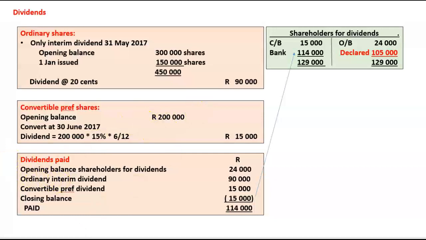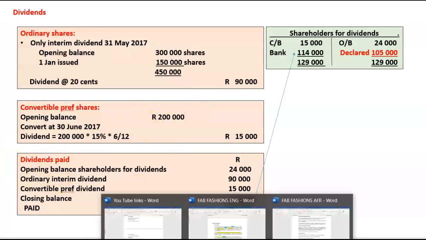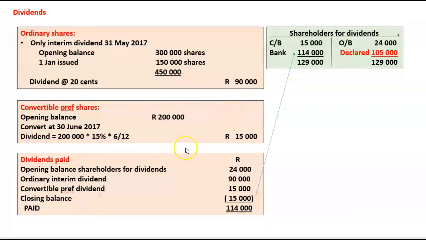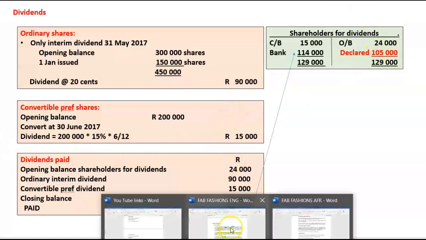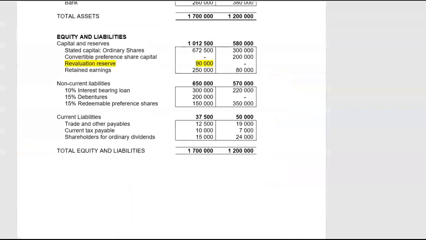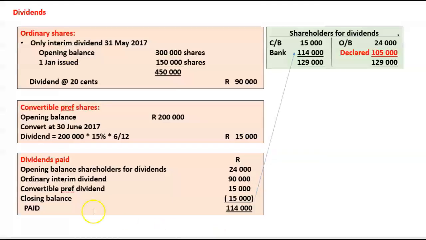We've done the convertible pref shares. Now, dividends declared was 105,000 rand. If we go to our financial statements, we will see that we have an opening balance on shareholders for dividends of 24,000 and a closing balance of 15,000.